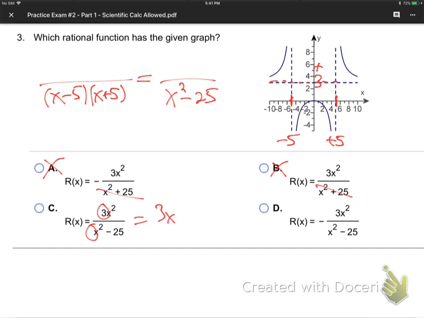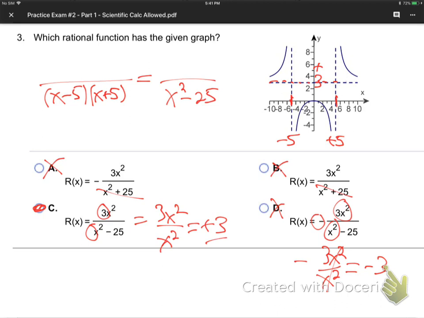So that would be 3x squared over x squared, which should be positive 3. Whereas this one has a negative in front, so the horizontal asymptote would be negative 3. So it's not D, it's C, which has a horizontal asymptote at positive 3.